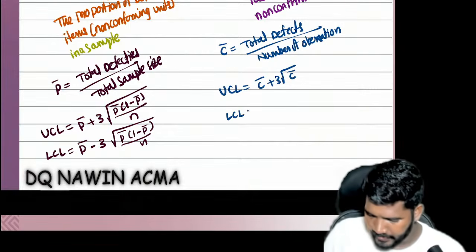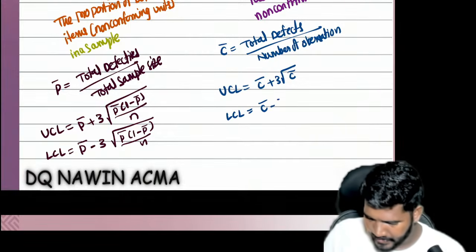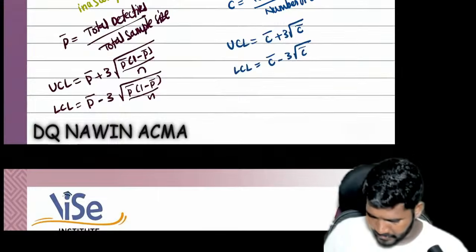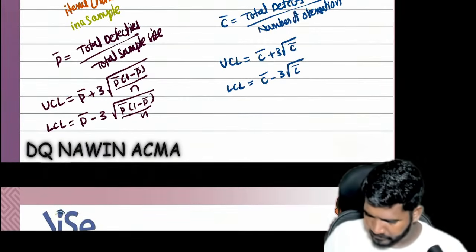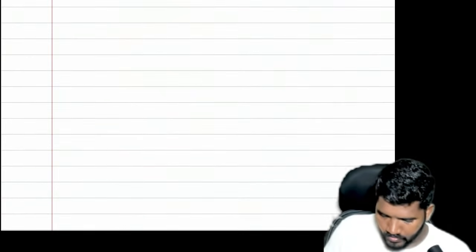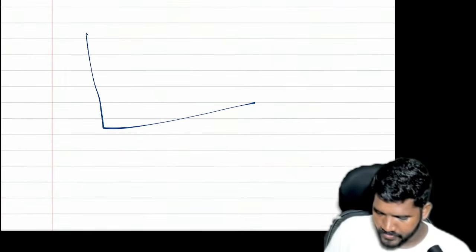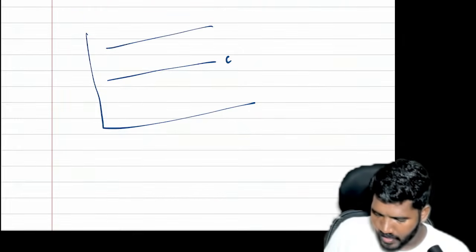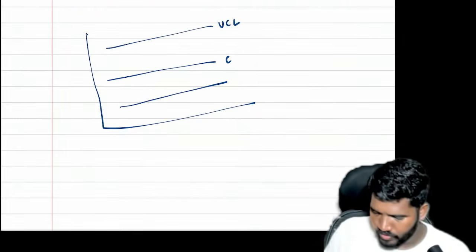Lower control limit: C bar minus 3 times the square root of C bar. Now, when it comes to calculation, they provided the data, so the graph is like this. This is called the control limits: upper control limit and lower control limit.